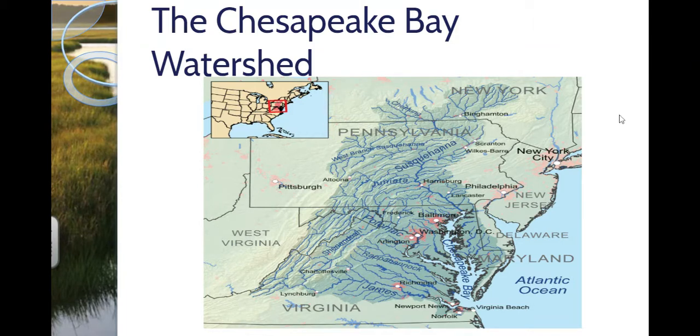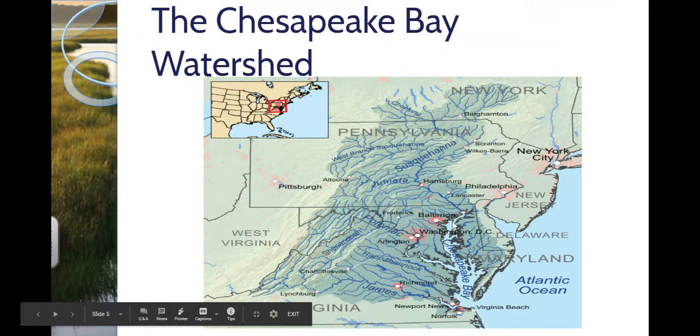All these dark blue lines that look like veins are different bodies of water that connect together, whether they be streams, creeks, lakes, or rivers, that all empty out at some point into the Chesapeake Bay, which is right here. You see how all these connect? Somehow they all end up emptying into the Chesapeake Bay.